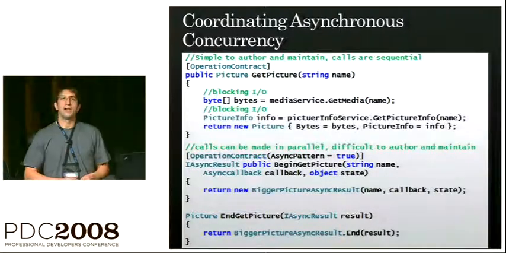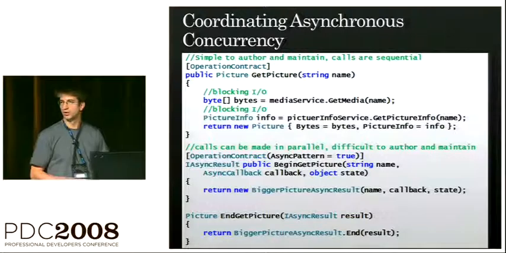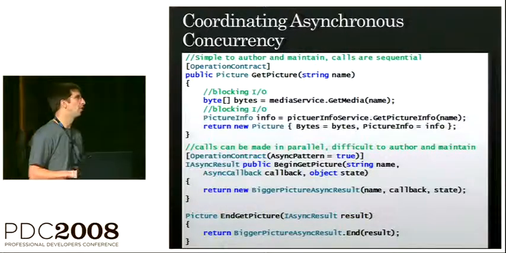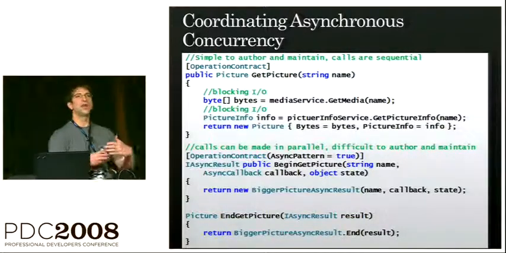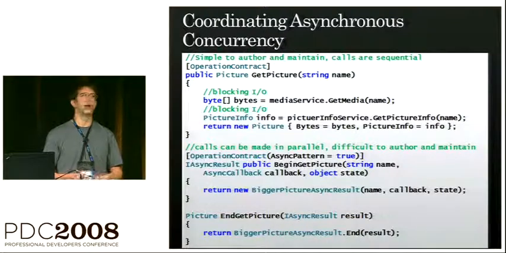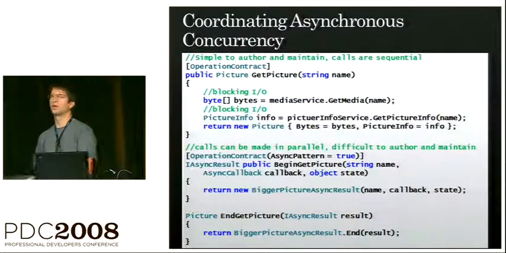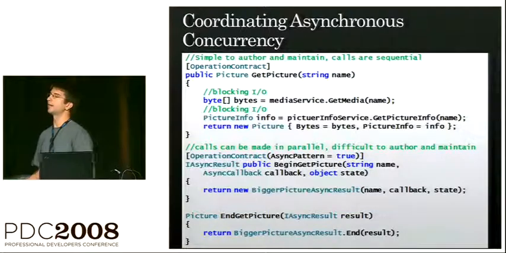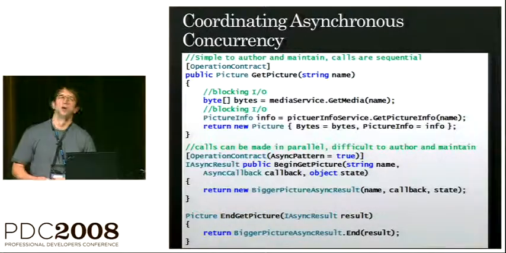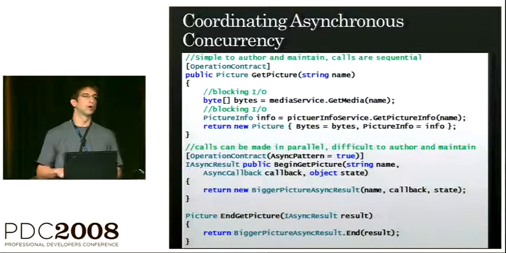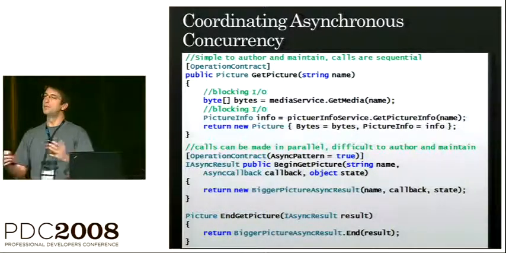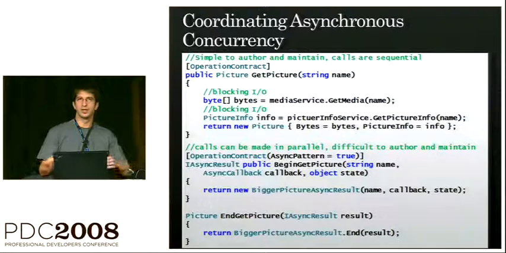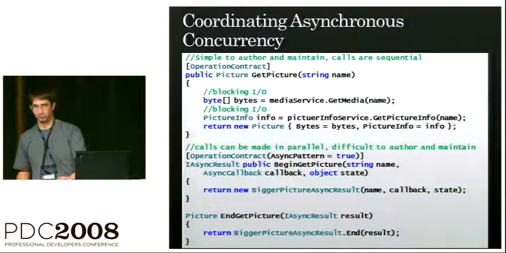Another observation that I'd make about this service, about using the blocking I/O approach, is that the scenarios that are available to me are limited, right? Given that these calls are blocking, I can't make them in parallel, unless, again, I bite off the complexity of using an async result and coordinating that work with an even bigger async result, using some wait handles and stuff like that.